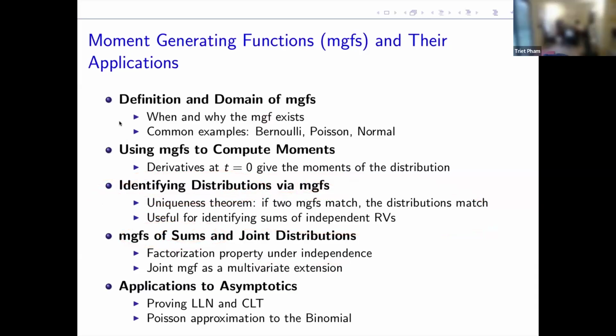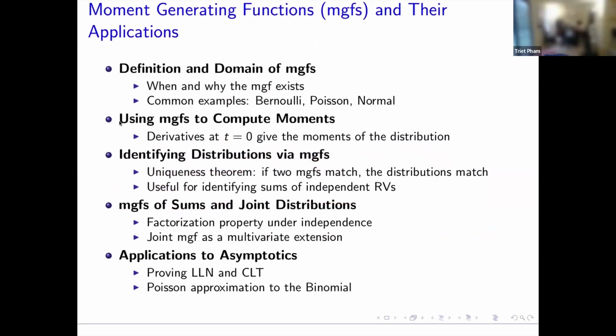That's the crux here: the sum of independent random variables and the MGF structure have a very easy connection. We will explain that. And finally, the law of large numbers and central limit theorem will be established via the moment generating function technique.